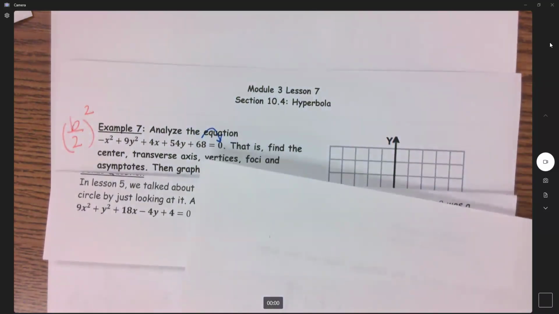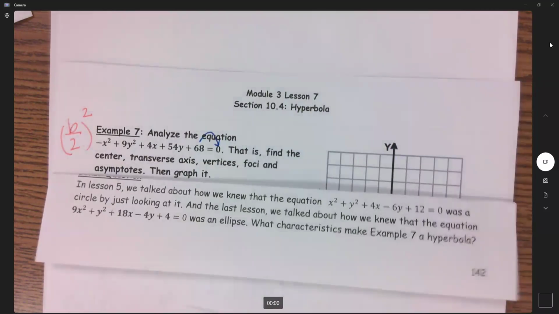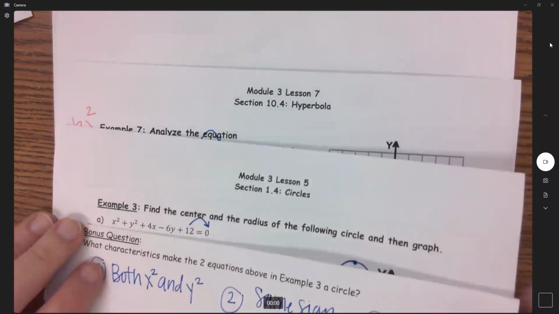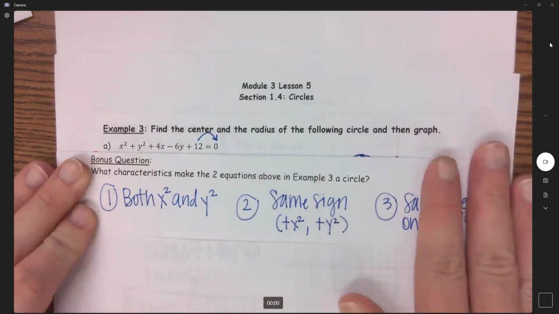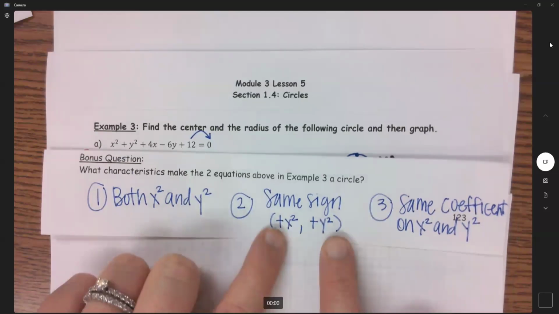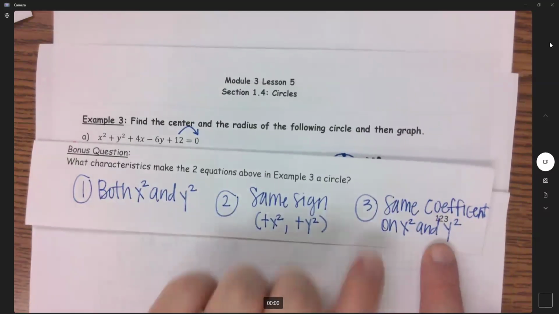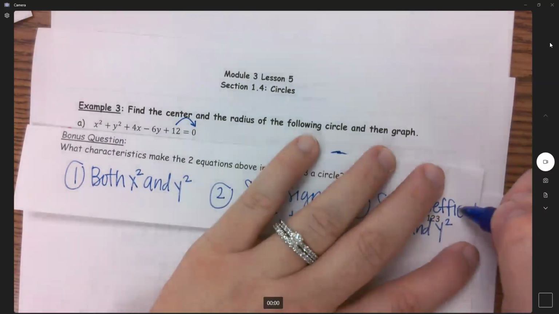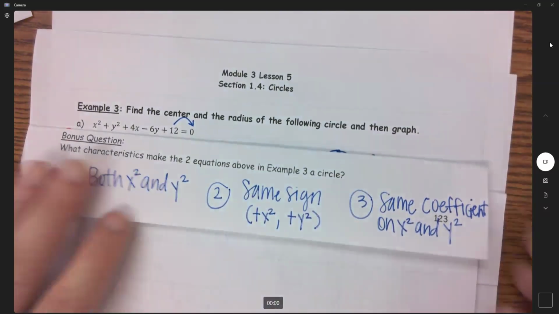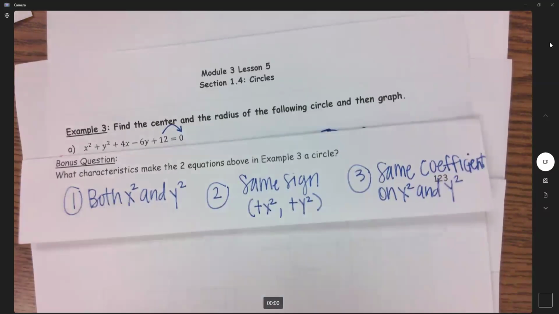And let me fold this paper. Okay, from lesson 5, we knew this was a circle because it had both x squared and y squared, they had the same signs, they were both positive, and they had the same coefficients. Fold this paper.